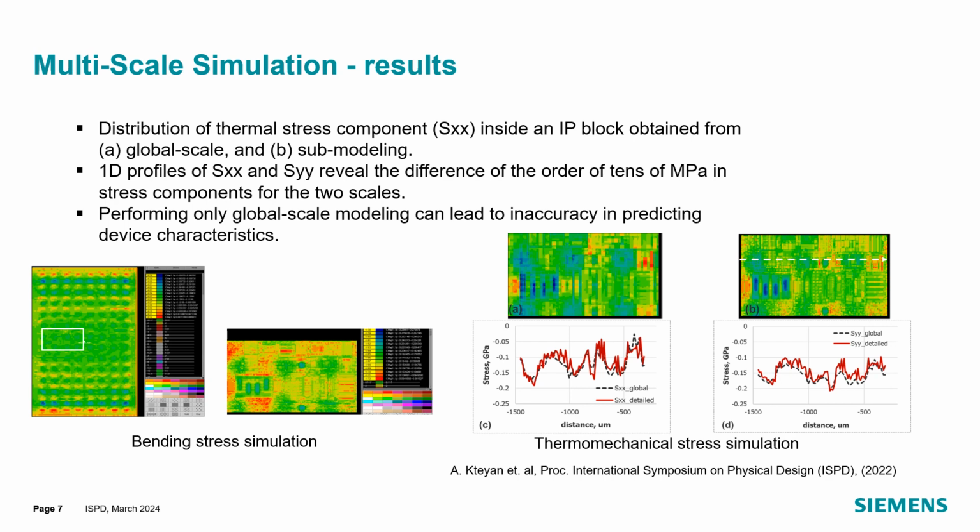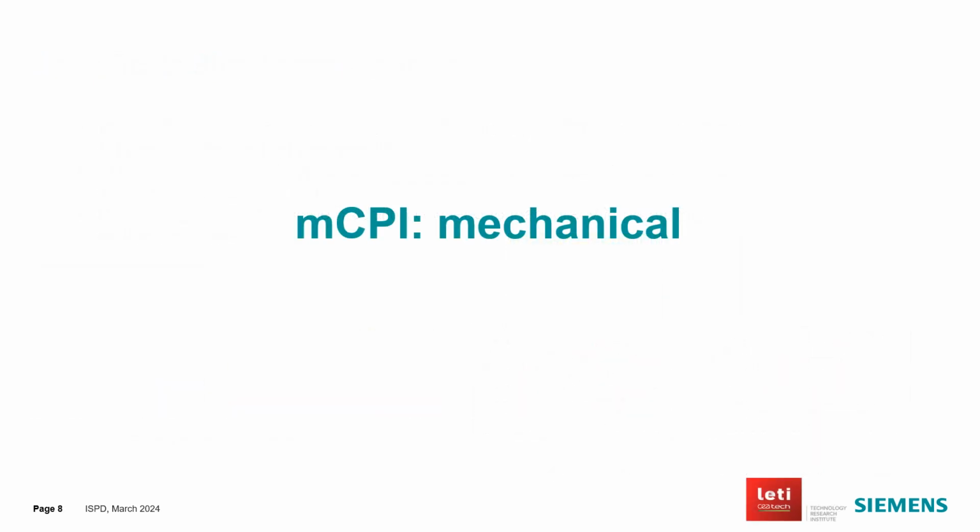The right side figures compare the distributions of thermal stress components inside an IP block obtained from global and submodeling. The 1D stress profiles for both cases show that the global scale modeling alone can miss small scale variation and can lead to inaccurate prediction of device characteristics.